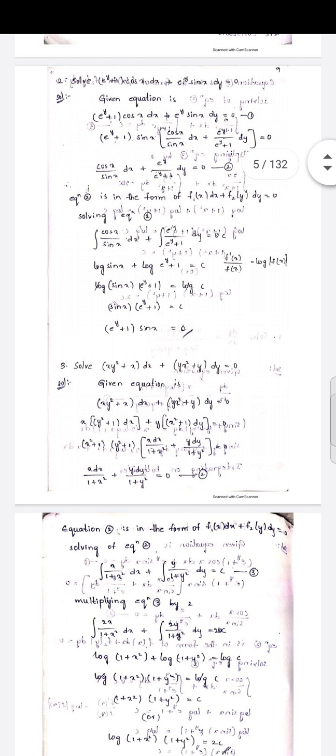We apply the variable separable method. How do we find whether it is variable separable? First, the equation is of the form M dx + N dy = 0.